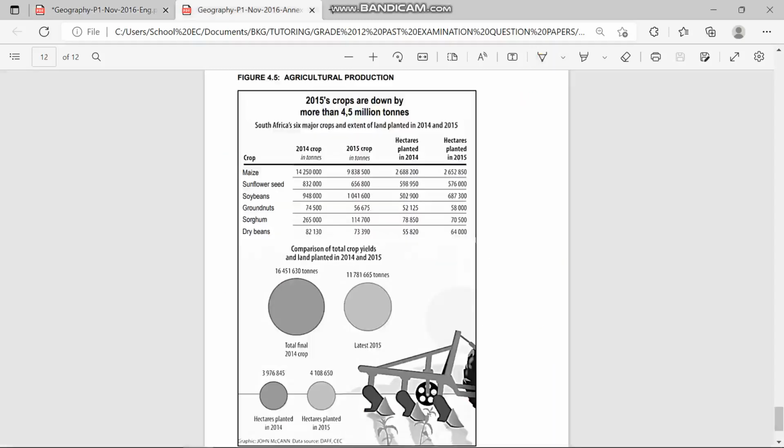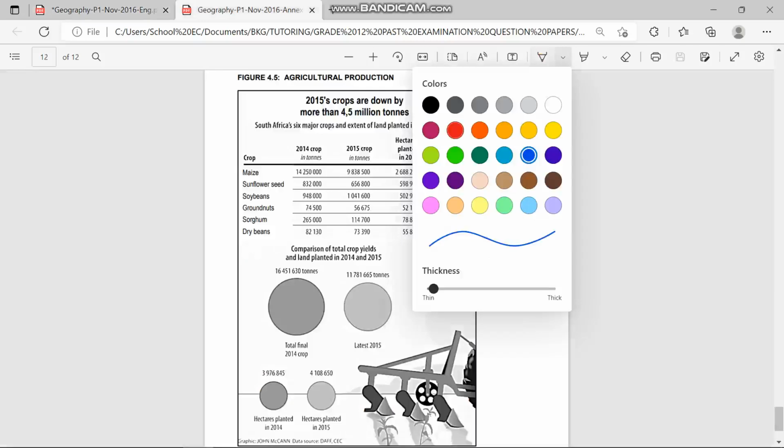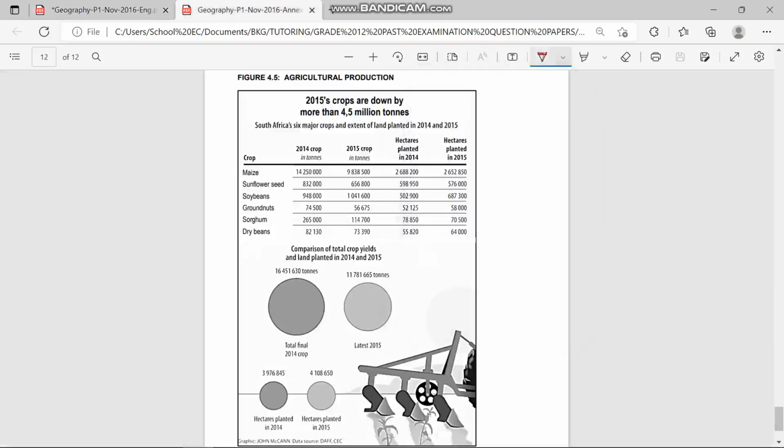Agricultural production 2015's crops are down by more than 4.5 million tons. These are South Africa's six major crops and the extent of land planted in 2014 and 2015.